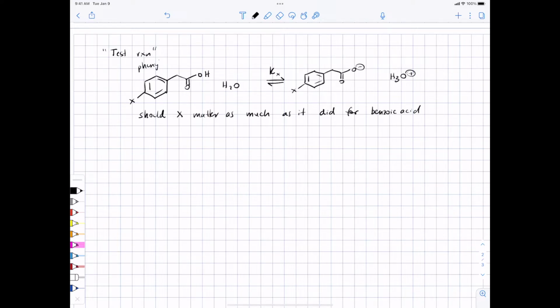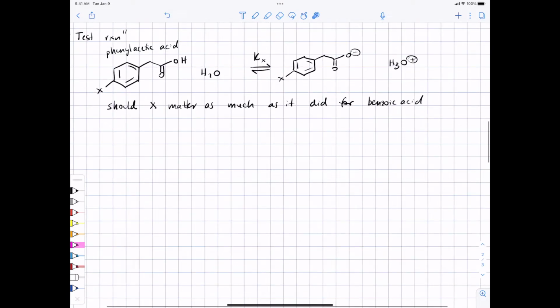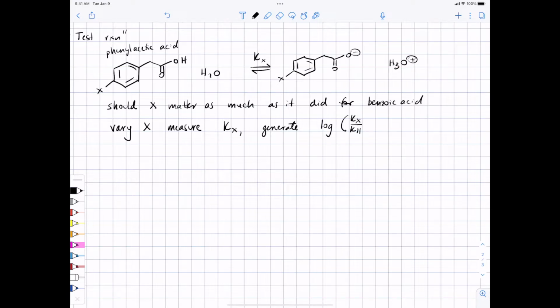Based on your intuition, you might think that removing the carboxylate one CH2 unit further away from the benzene ring and the substituent would make the X group matter less. And so the way we test that is that we'll make a bunch of variants where we vary the identity of X, and then we measure Kx and generate values for log of Kx over Kh for our phenylacetic acid reaction.